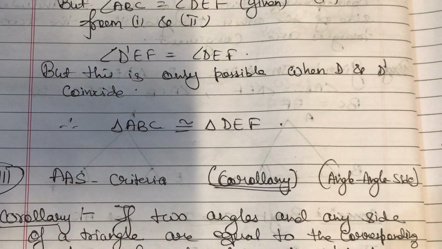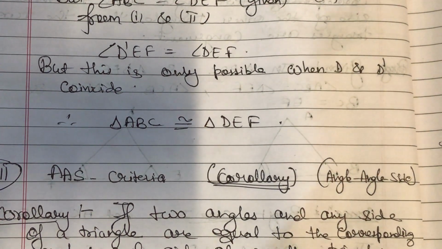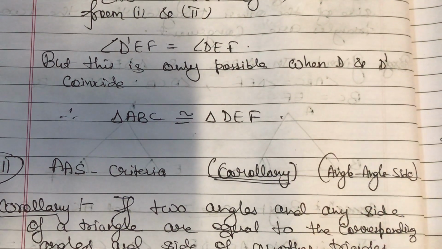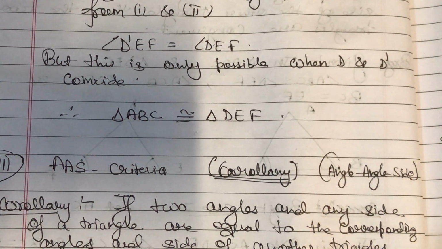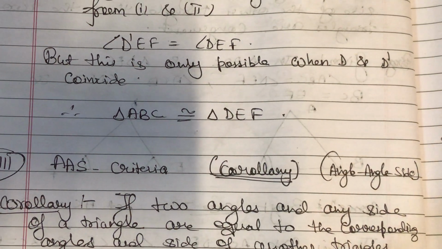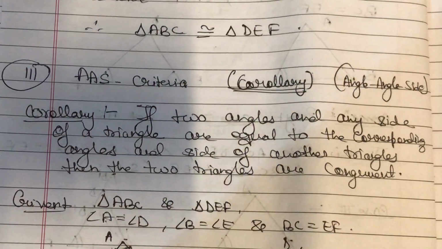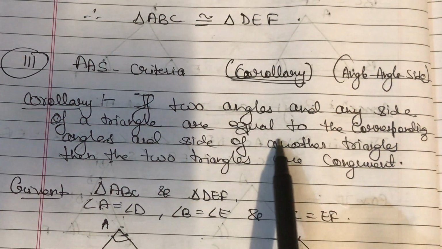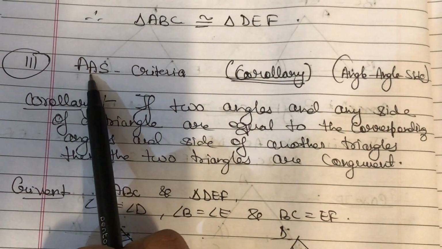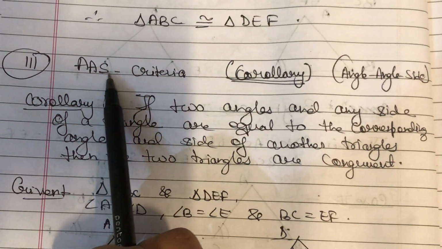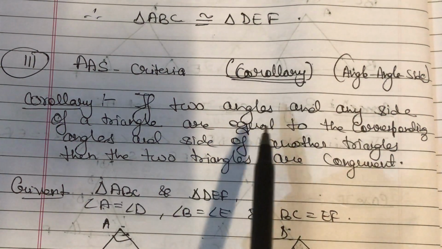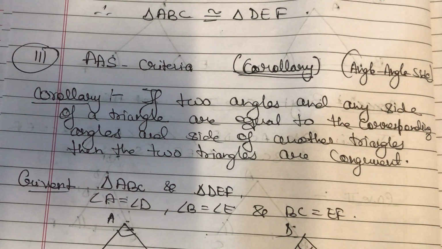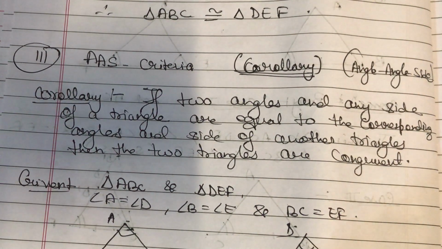Based on the second theorem, there is a corollary, that is AAS criteria, that is angle angle side. We can take any two angles and the third side. By that also they are congruent. For example, here it says that if two angles and any side of a triangle are equal to the corresponding angles and the side of another triangle, then the two triangles are congruent.